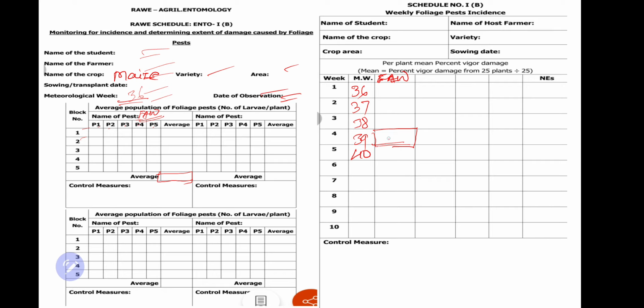Suppose 5% damage or 1 larva in 1 meter square area is the ETL of fall armyworm, or foliage damage by 5% is an ETL of fall armyworm. Then if you find more than 1 larva on each plant, it crosses the ETL of fall armyworm.